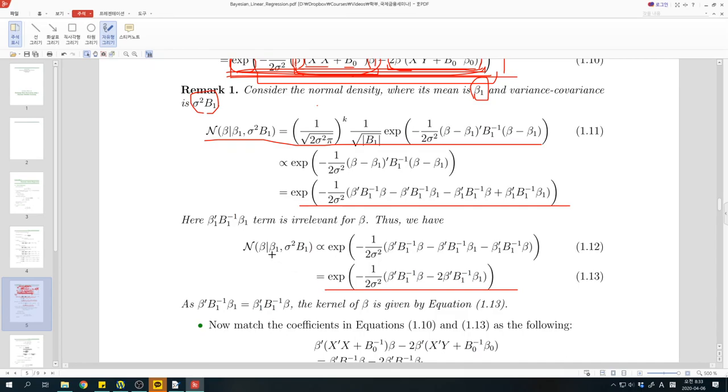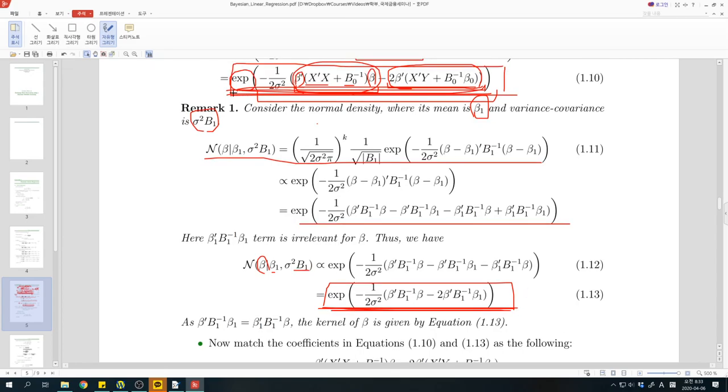If the mean is beta 1 and the variance is sigma squared times b1, then this density must have this form, right? So let's compare this equation with this one.